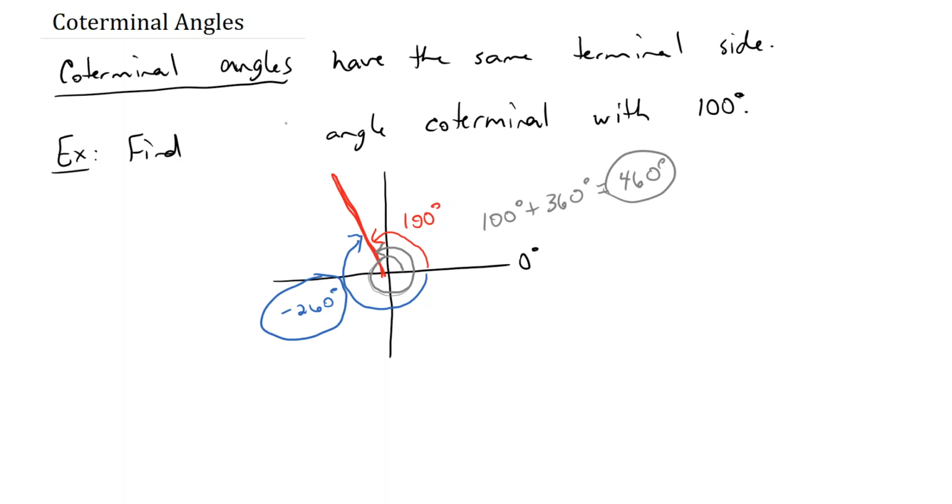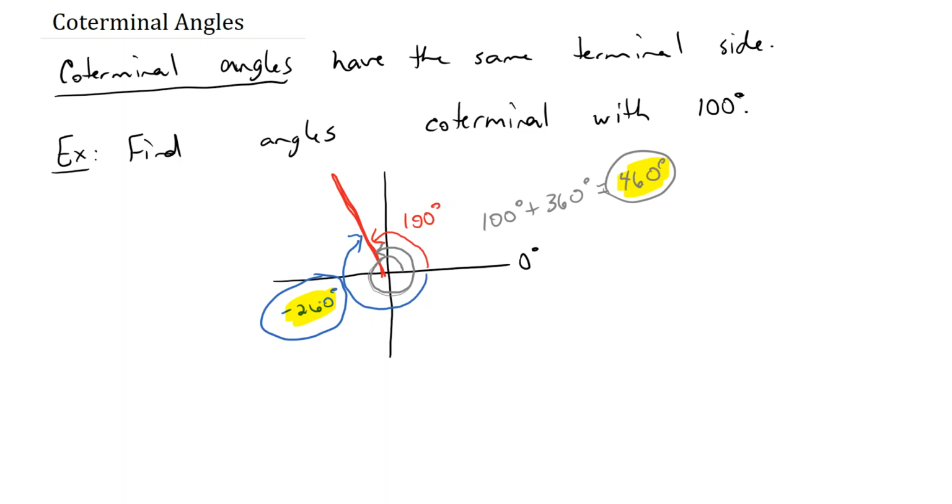In fact, we could change these instructions if we want now. Find angles coterminal with 100 degrees, if you want to modify the instructions there, because we found more than one. Here's a negative angle, here's a positive angle. We could keep going, right?